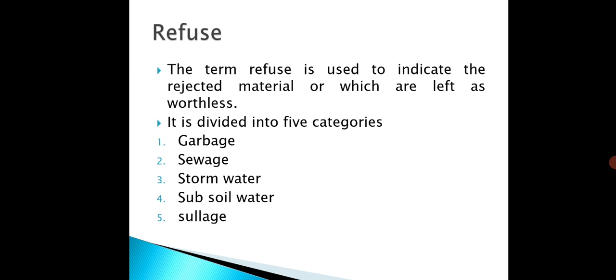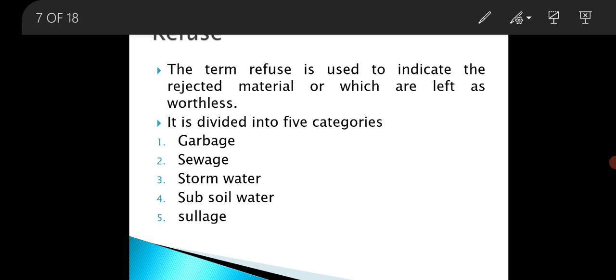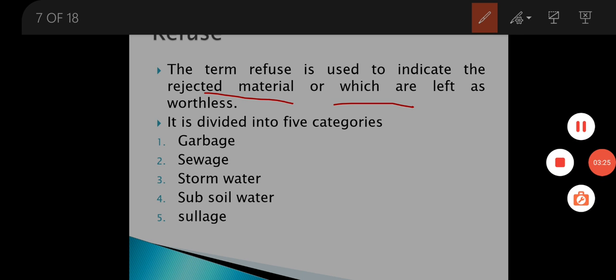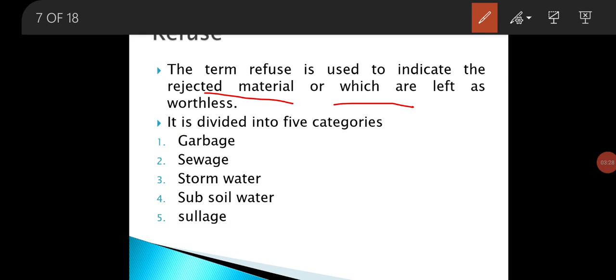Next one is refuse. Refuse is the term which is used to indicate the rejected or leftover material, and it is generally divided into 5 categories such as, first one is garbage, sewage, storm water, subsoil water and sewage.